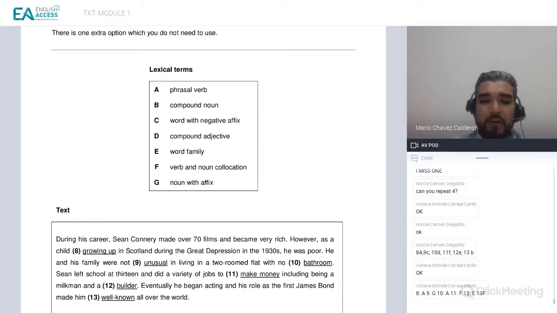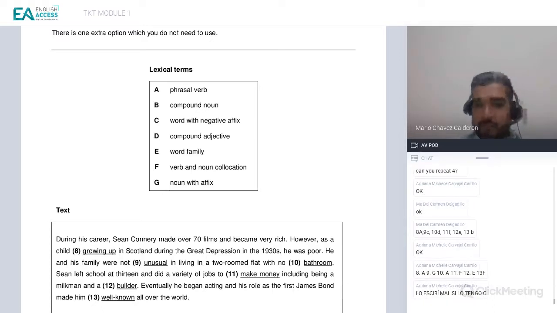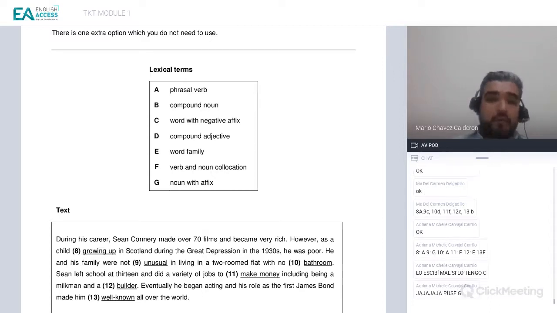Make money, number 11, make money. Let's see. Oh, I see. Okay. Make money, it's a verb and a noun, a collocation. Make money is the letter F.